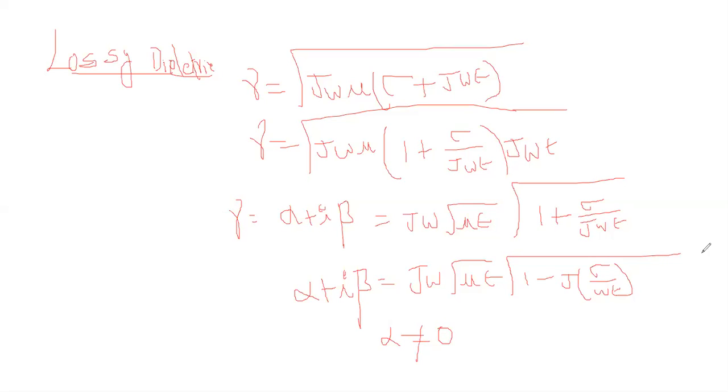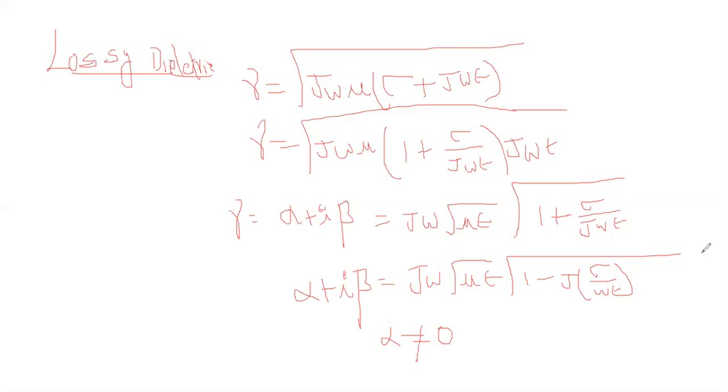And by using the binomial equations, you'll get 1 plus nx plus n into n minus 1 by 2 x square plus n into n minus 1 into n minus 2 by 3 factorial into x cube and so on. If you are neglecting the higher order terms, you take only the first two terms, 1 plus nx.